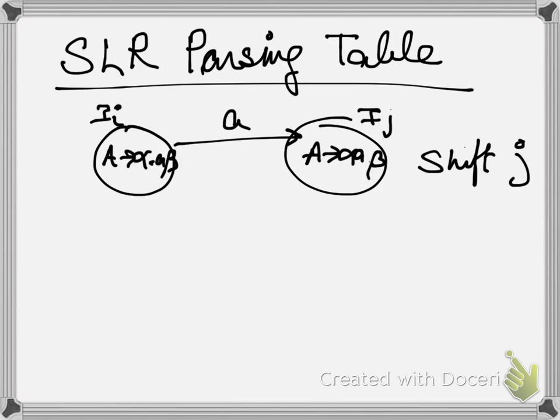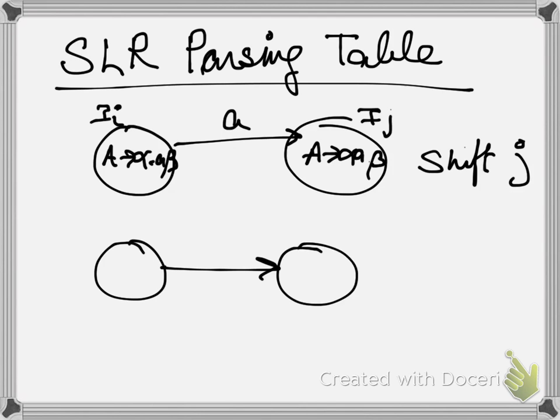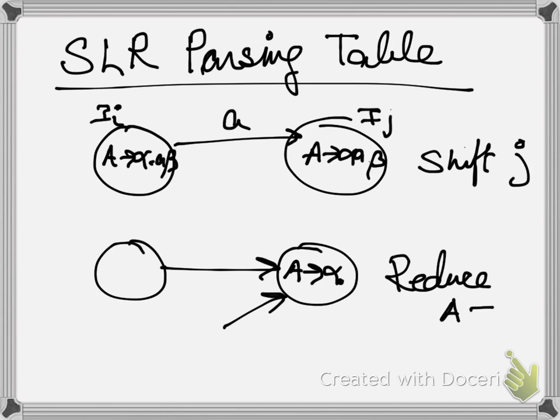And for reduce, we have seen that a reduce item will occur if I have something like A derives alpha dot. This will be a reduce, reducing by the production number for A derives alpha.